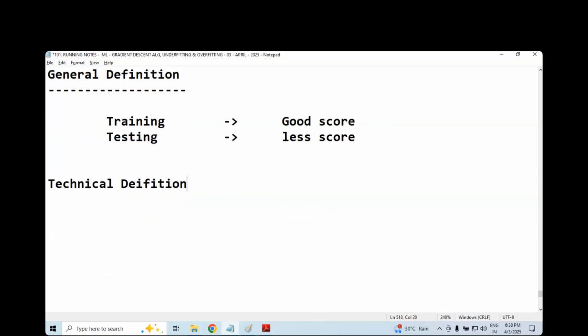Daniel, can you tell me that technically? What do you mean by overfitting? Overfitting means low bias plus high variance. During an interview, you need to write like this, and that person will understand very clearly.